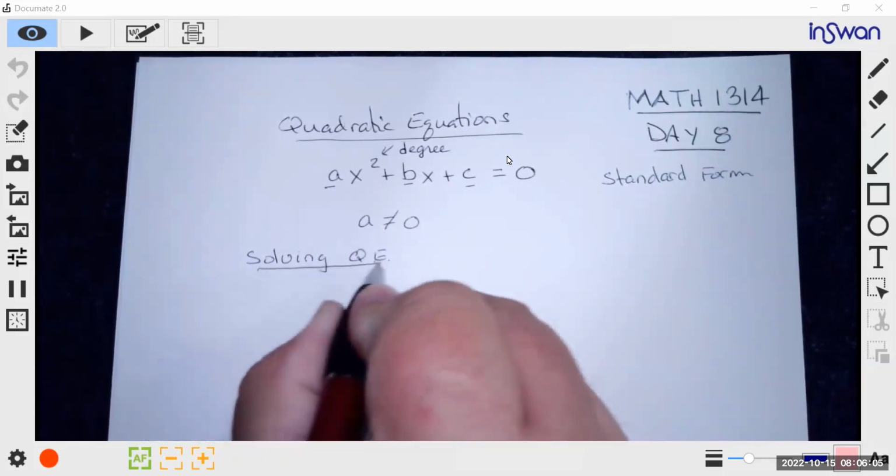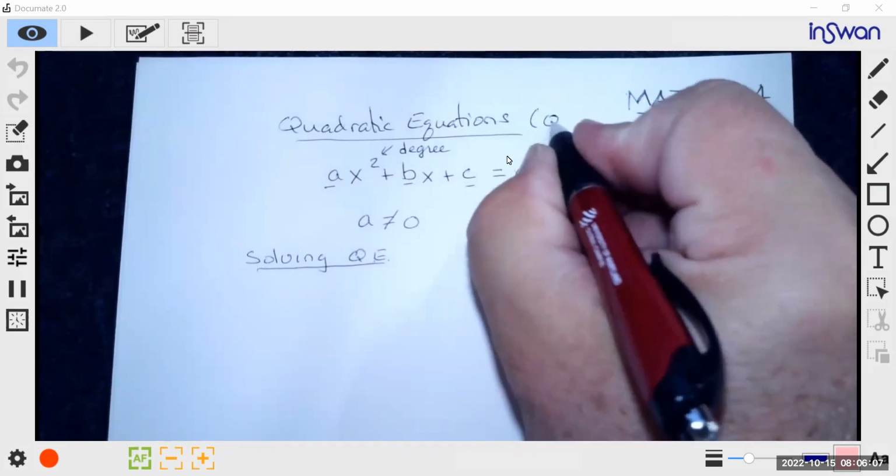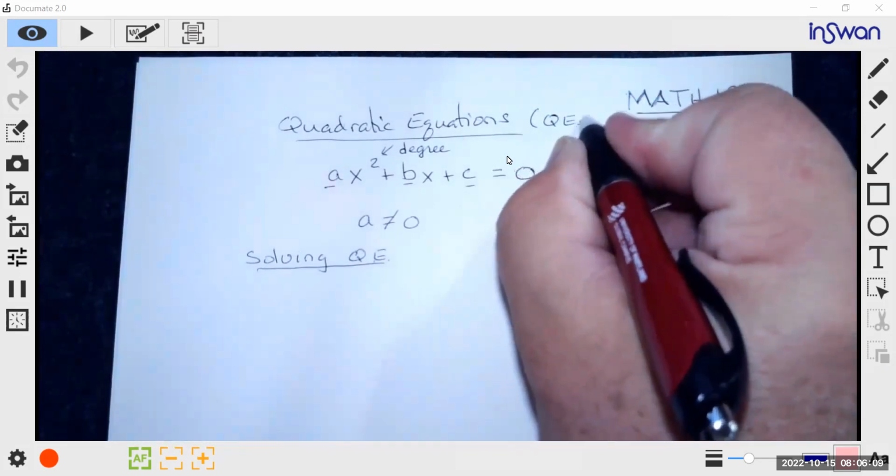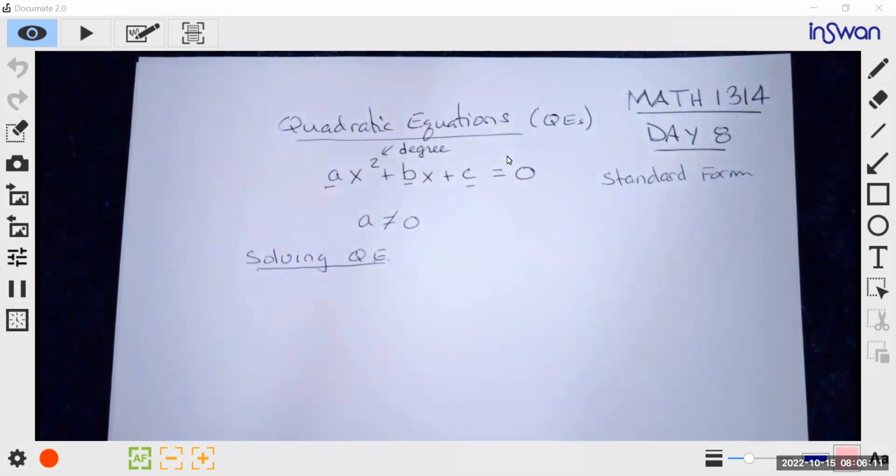So, solving quadratic equations, we'll call these QEs, quadratic equations.